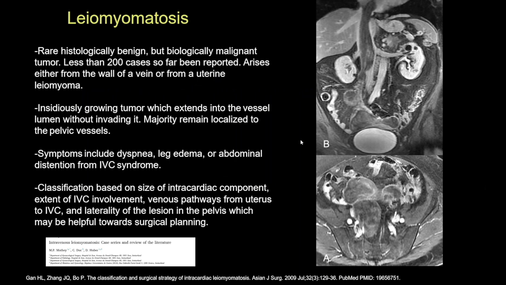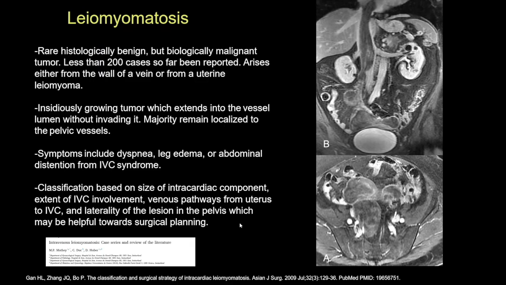I think they showed something like this at RSNA also this year, which is why I thought I should include this. Mostly it's surgical resection depending upon the extent of the disease. Again, if it goes into the right atrium, typically a cardiac surgeon would also be involved in these surgeries.